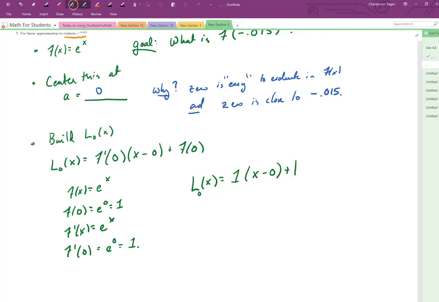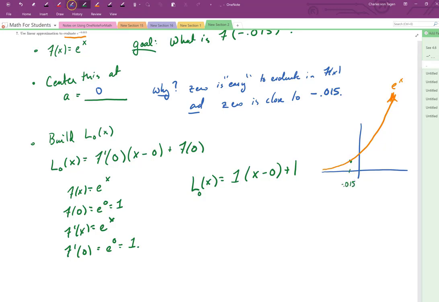Okay. Folks, the picture that I want you to see for this is that if I gave you the function e to the x, so here's the graph, say, of e to the x. That's not very exponential. It should be rising a little more steeply, but you get the idea. And if I said, I want to evaluate this function right here at negative 0.015, how are we going to do that?